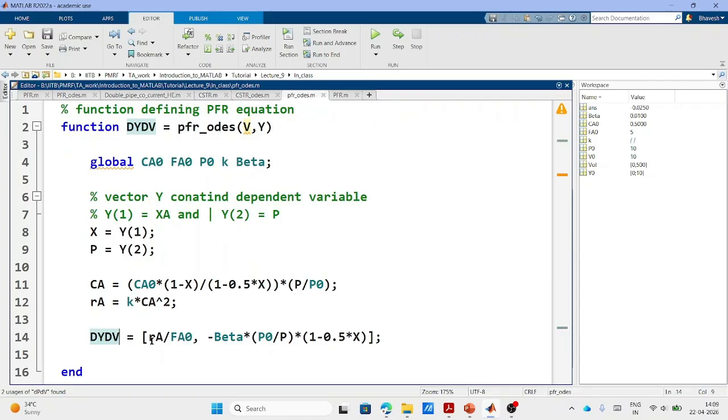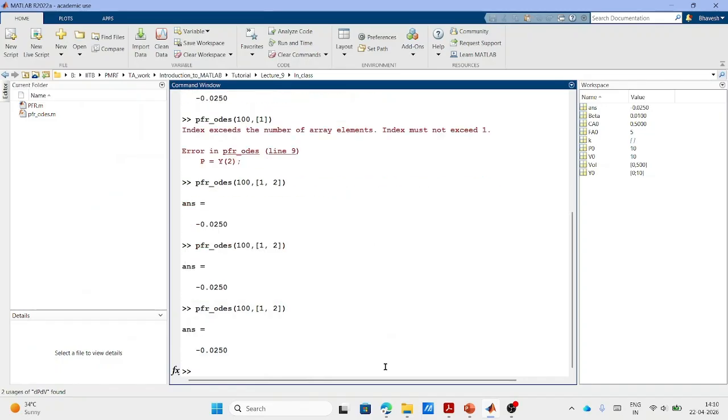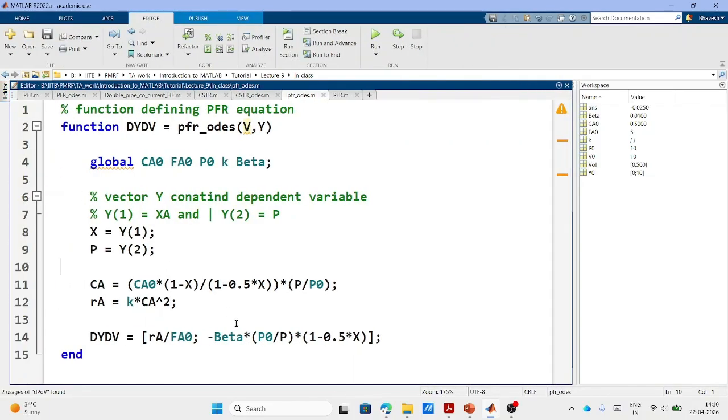So here the issue is occurring because the ODE somehow is returning only one variable. The output of our ODE function is dy by dv, which is a vector of two components, right? Minus rf by f is 0 and its beta vector. But somehow it's not identifying it and giving us the wrong result. So if I run the PFROD, it is giving me only one answer, which should not happen because it should have computed both values.